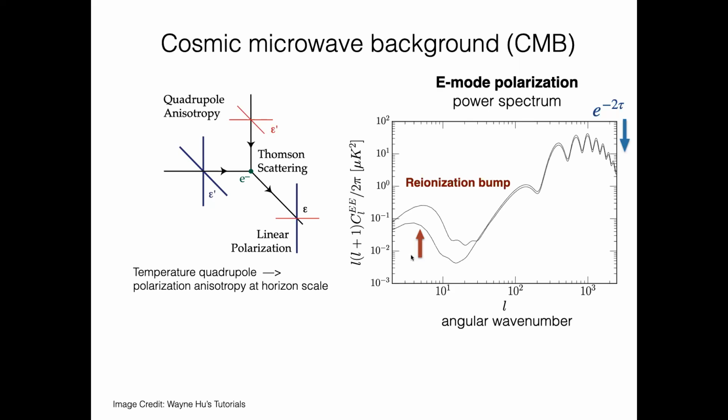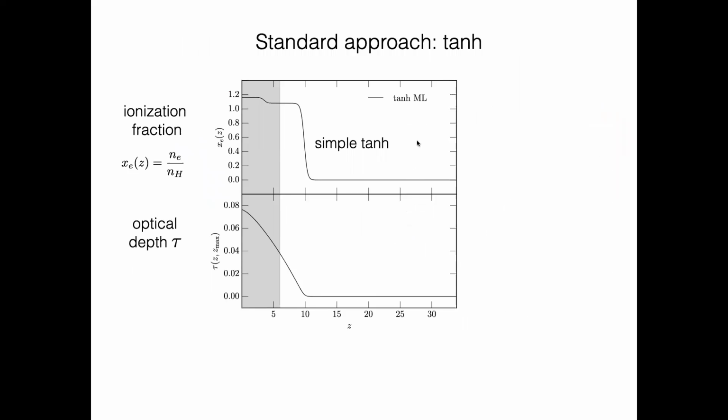So we can use basically the height of this bump. Typically people use the height of this bump and the rough location to get a sense of where the average scattering happened. But there's much more information to that. We can analyze really the shape of this whole bump. The simple approach has been to use a tanh function to parameterize the ionization fraction, which is the amount of free electrons to neutral hydrogen.